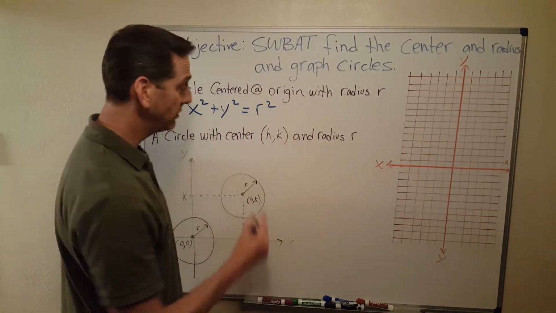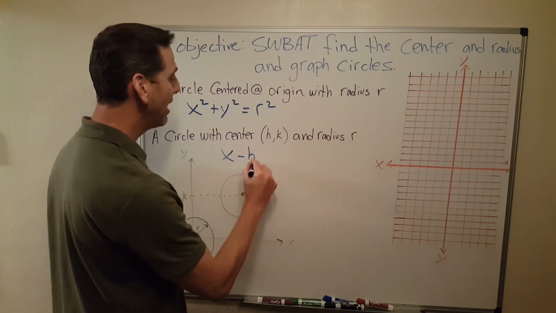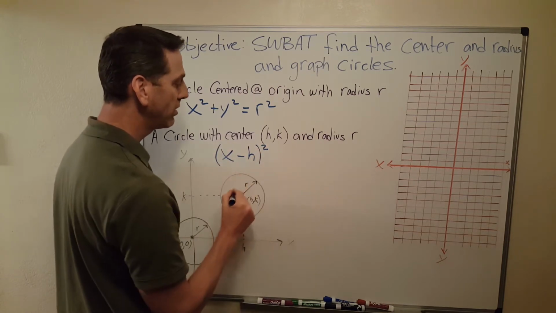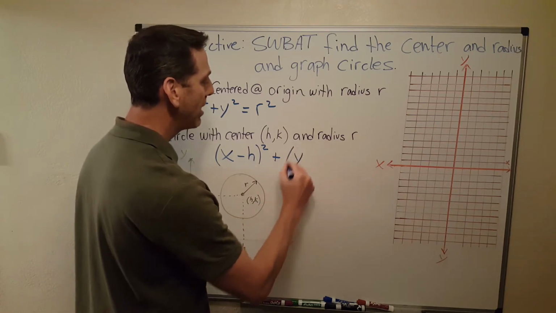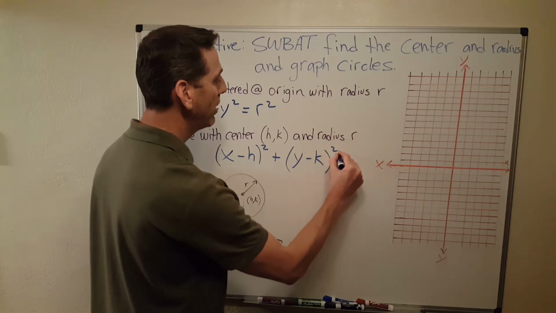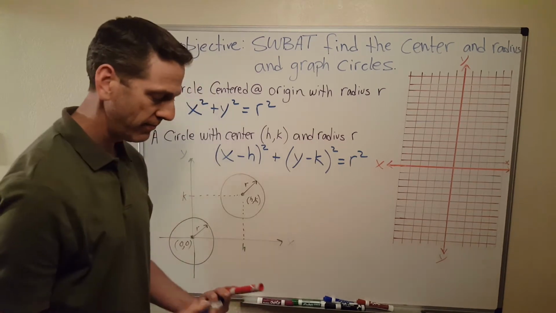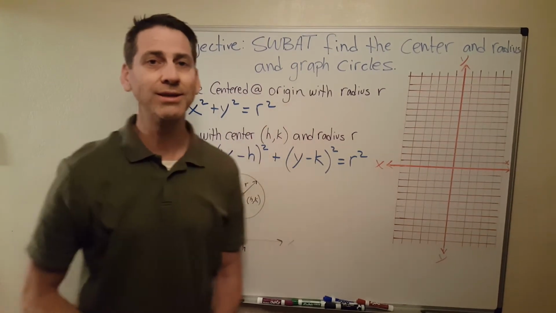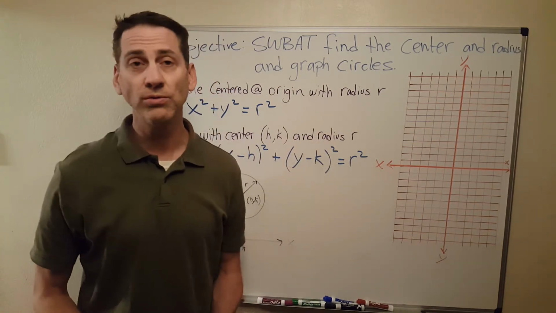Our equation is going to look like this: x minus h, that's the horizontal shift, squared, plus y minus k squared equals r squared. These are the two equations that you're going to need to know when you are graphing circles.